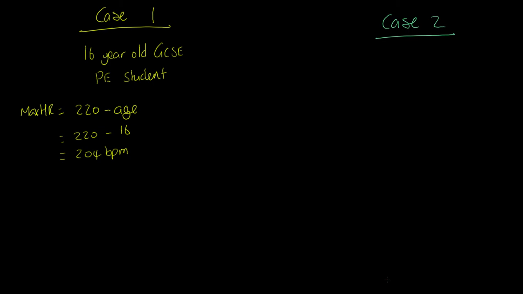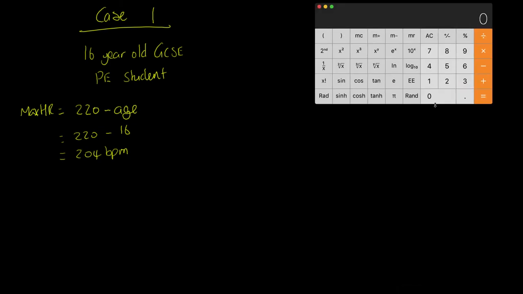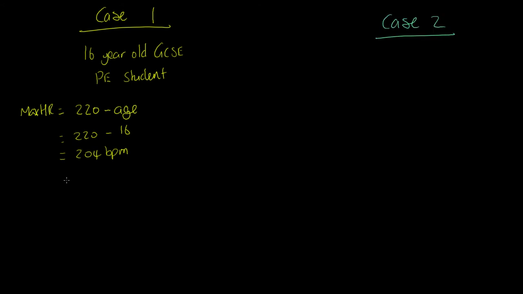Let's first do the upper threshold, the 80% threshold. I want to take our maximum heart rate, which is 204, and multiply it by 80%, which we can do by 0.8. So the upper limit for this performer is 0.8 times 204, which gives us an upper reading of 163 beats per minute.